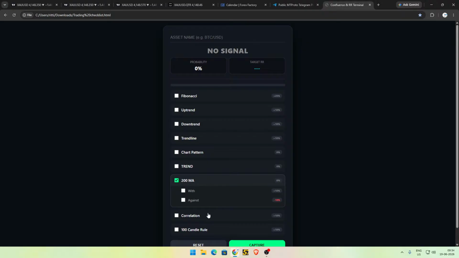And also in correlation I am not checking properly. I need to check that with silver as well as Euro USD, and 100 candle rule I am following. So the problem is with 200 moving average.